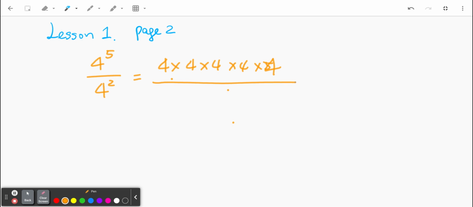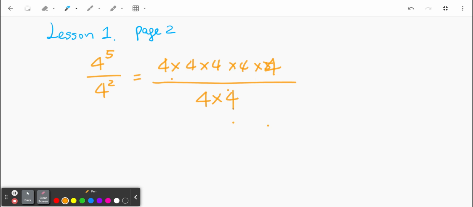So, Ronald, 4 to the power 2 means what? How many 4s are multiplied? That's right, two 4s. So 4 times 4. All right. Remember the fraction line is division, right? Whatever you have on the top can cancel out what you have at the bottom if you have the same number.